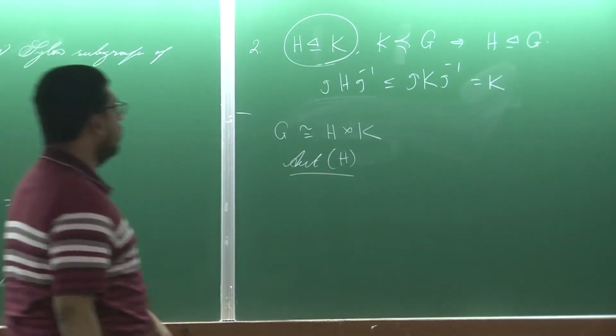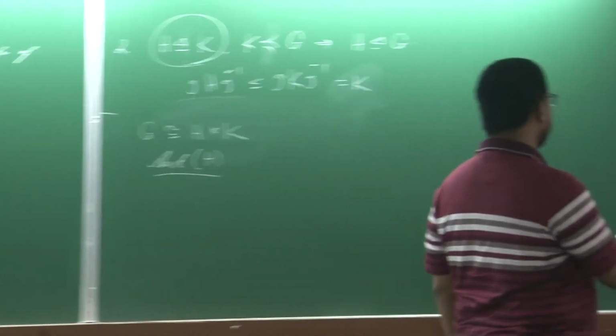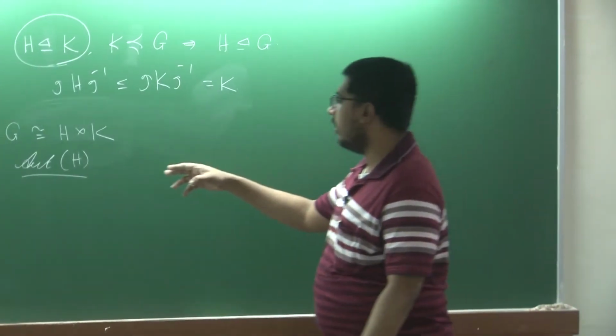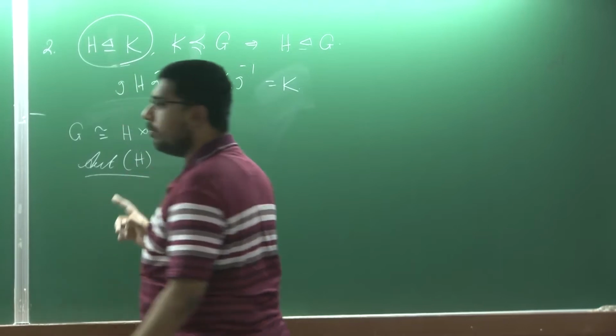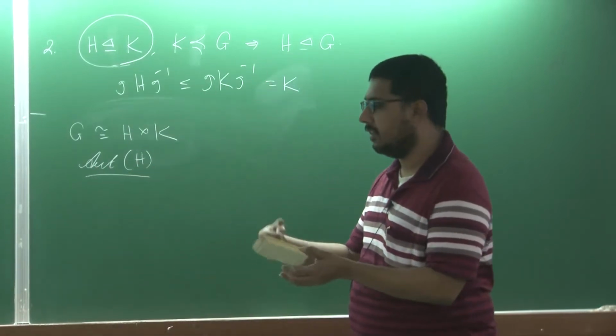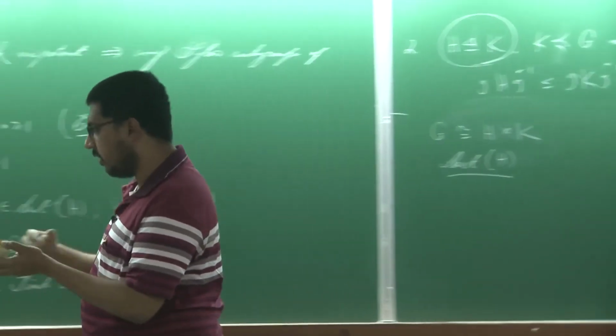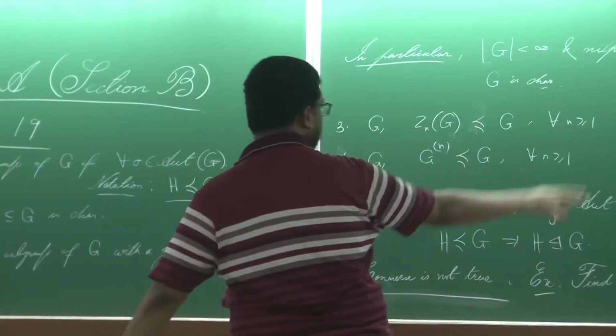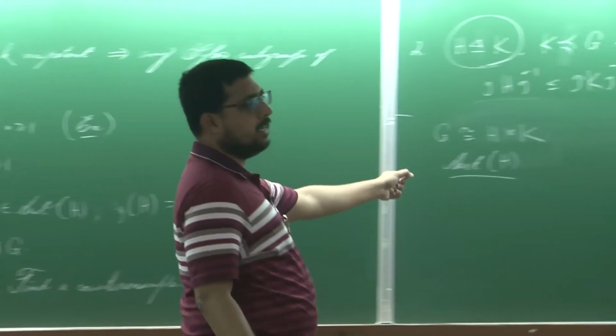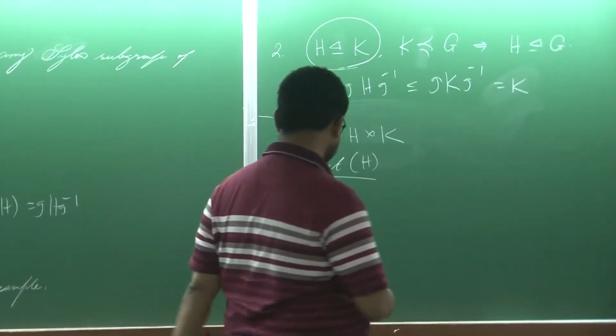So we are going to see that if a given group is decomposed into the direct product of two characteristic subgroups, then we can simplify the automorphism group.